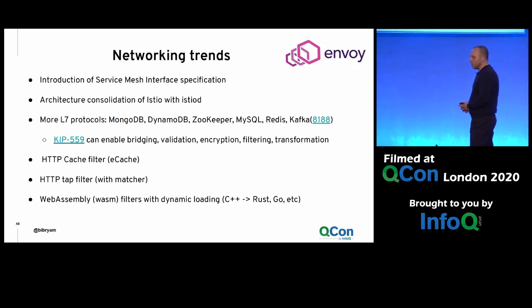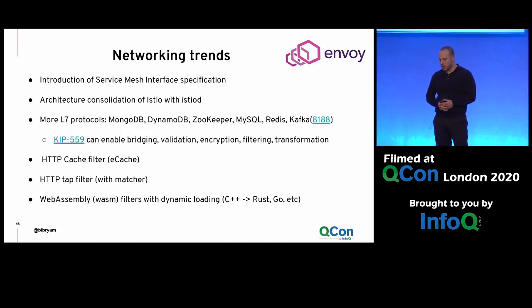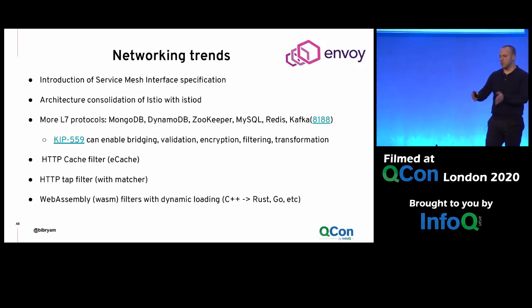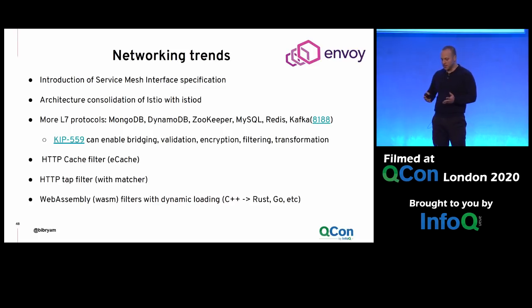for the Kafka protocol. Another interesting development has been the introduction of HTTP caching. So now Envoy can do HTTP caching. You don't have to use caching clients within your applications. All of that is done transparently in a sidecar. There are tap filters, so you can tap the traffic and get a copy of the traffic.